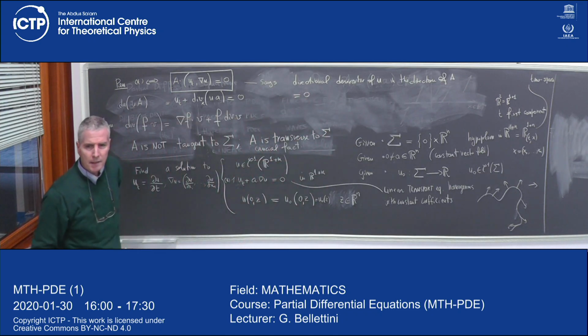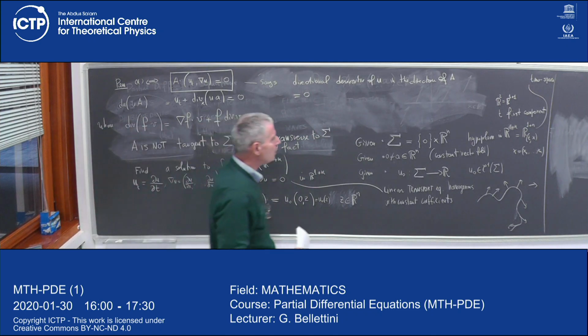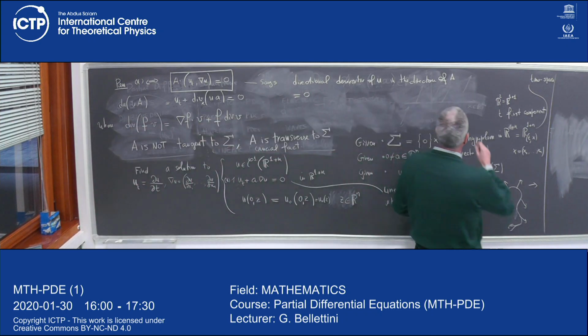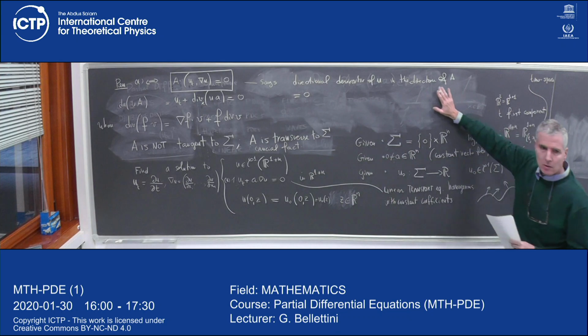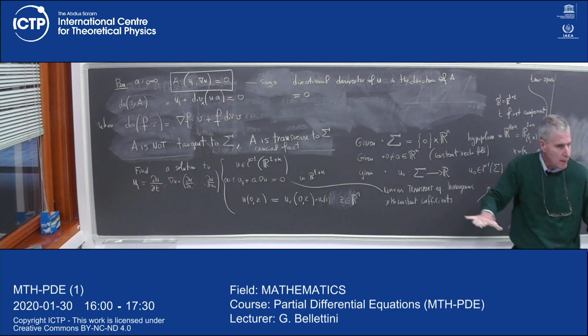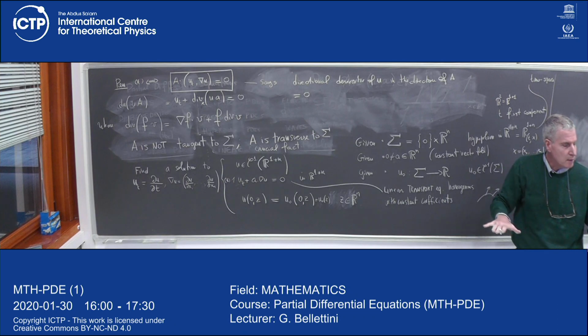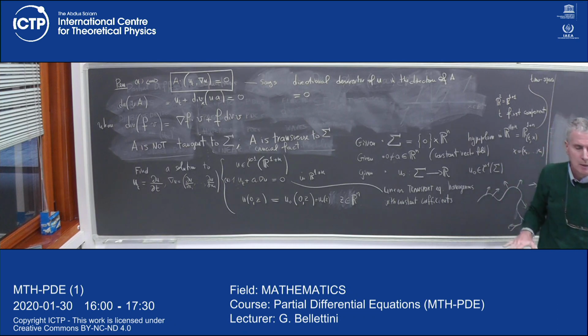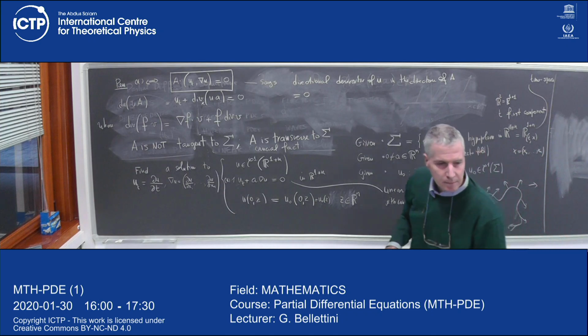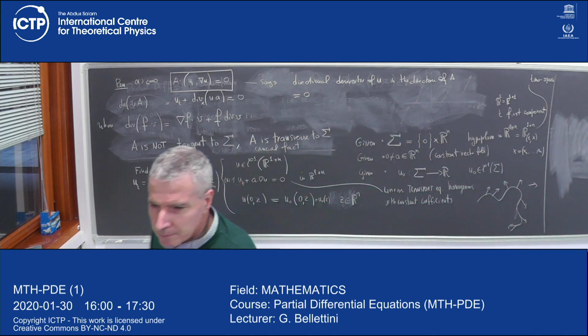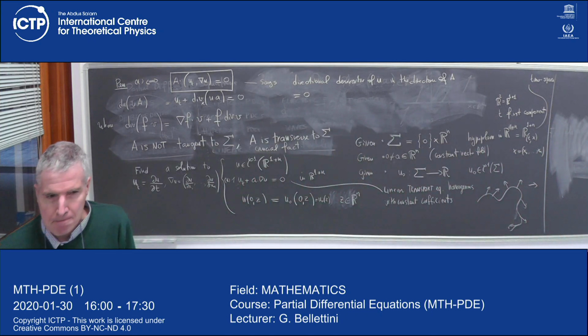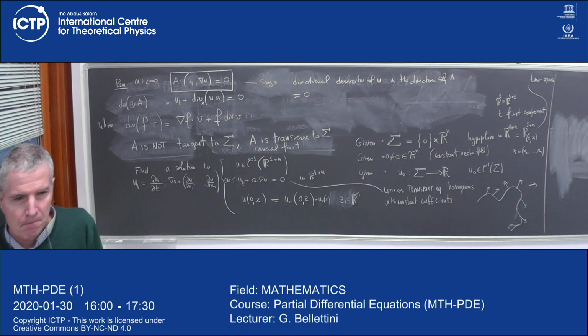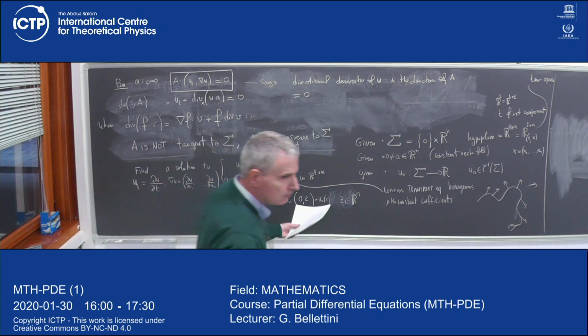So what does it mean that I have a function defined in time space? I have a vector field on the time space, and I know that the directional derivative of the function must be zero everywhere. What does it mean? It means that it should be constant along the lines.